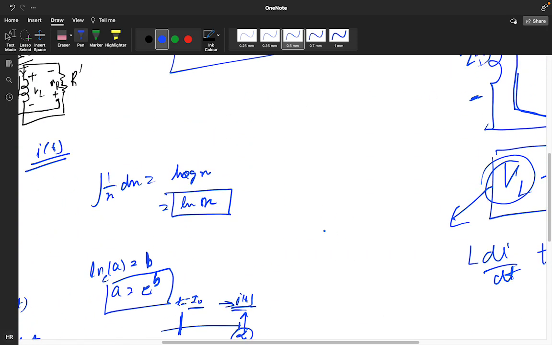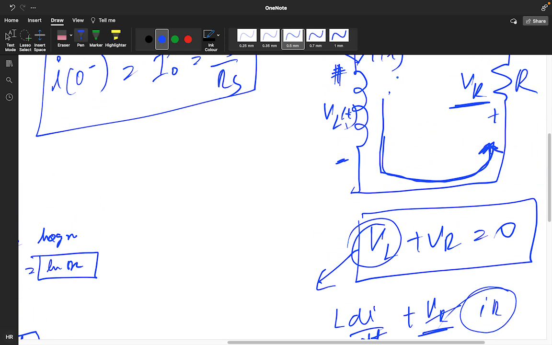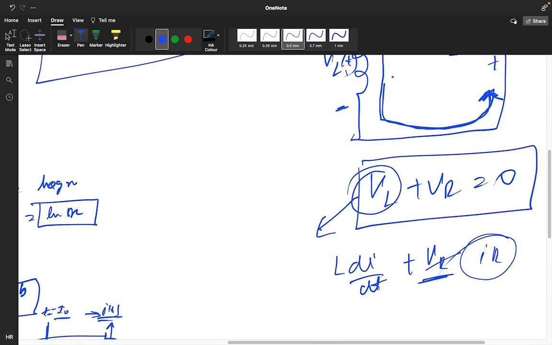And we know that this inductor, if you have some energy in this inductor, and all of you know that energy can neither be created nor be destroyed. It can be transformed from one form to another form, right? So suppose this inductor was having 5 joule energy.